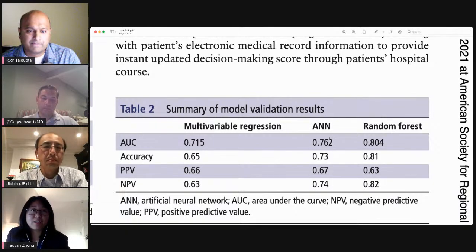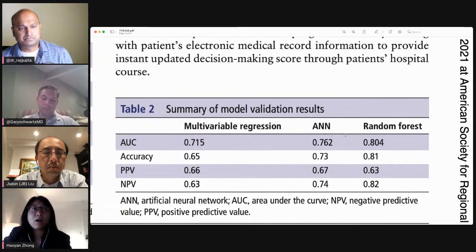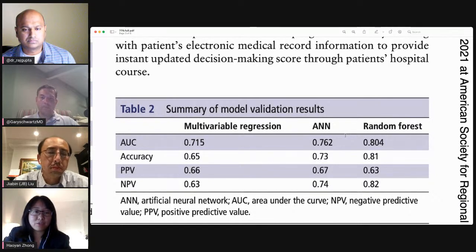For accuracy, we use 80% for training, and then when we test it, what is the accuracy? AUC tells how well the model is able to tell the two classes, two outcomes, same day versus not same day, apart.